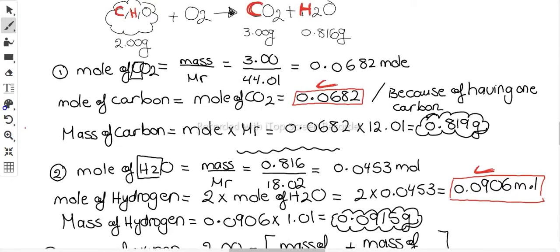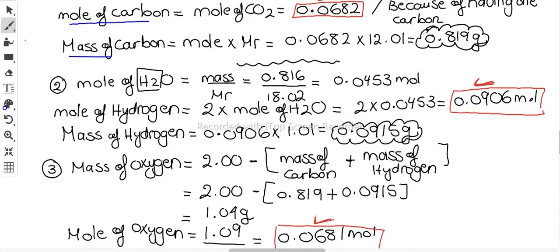If I'm going to go through the steps another time, we calculated the mole of carbon dioxide. We then found the mole of carbon, and we converted it into the mass. We applied exactly the same steps. We took the mole of hydrogen from the water. So here I have the mole of hydrogen.